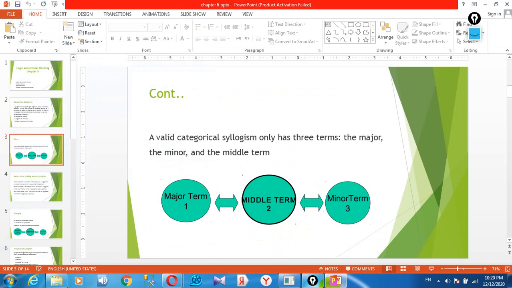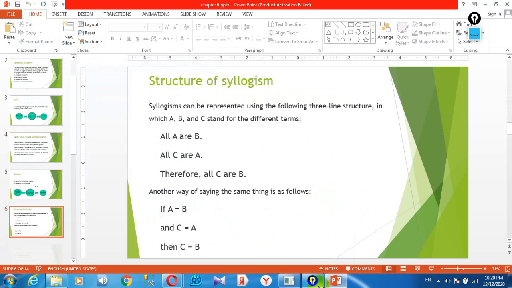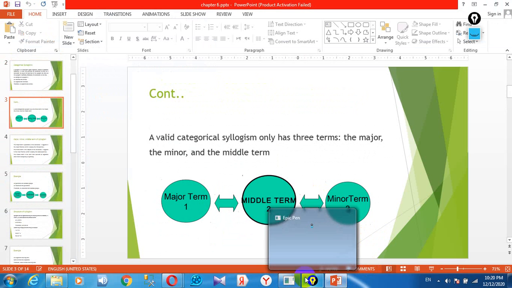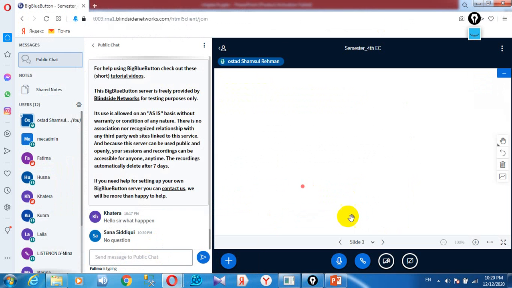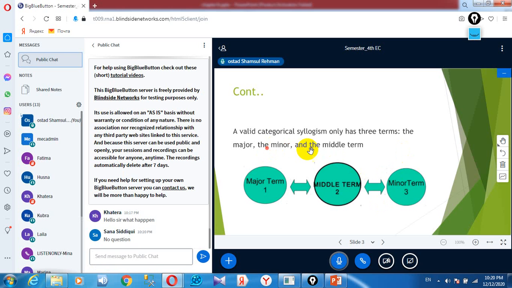Here I will explain the structure a little bit, then I will explain the different parts of the syllogisms. A valid categorical syllogism only has three terms: the major, the minor, and the middle term.